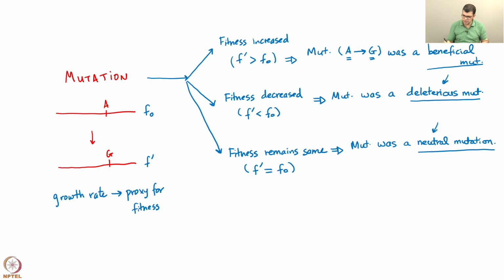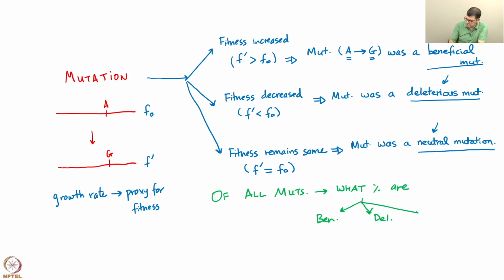So, the first question that we want to ask is, of all the mutations that are happening, what percentage of them are beneficial, what percentage of them are deleterious, and what percentage of them are neutral.